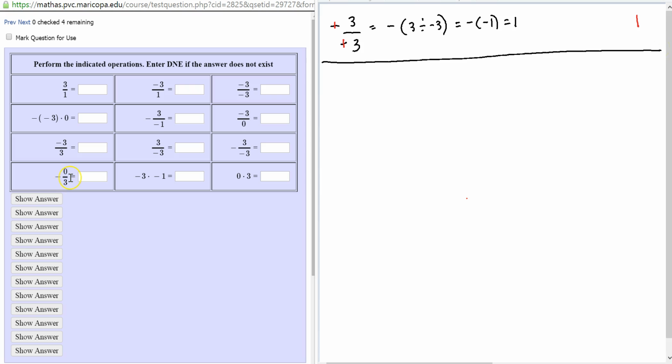Next, we have the opposite of 3 divided by 0. I'm sorry, of 0 divided by 3. So we can think of this as the opposite of 0 divided by 3. Well, how many groups of 3 are in 0? There's 0 groups of 3 in 0.